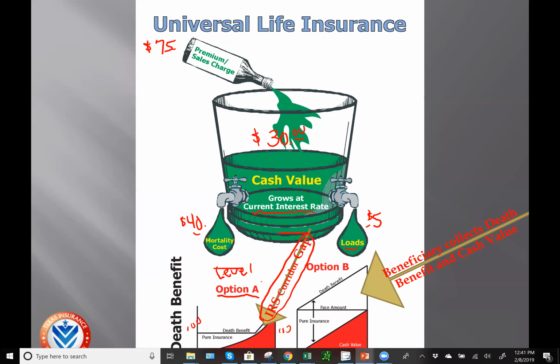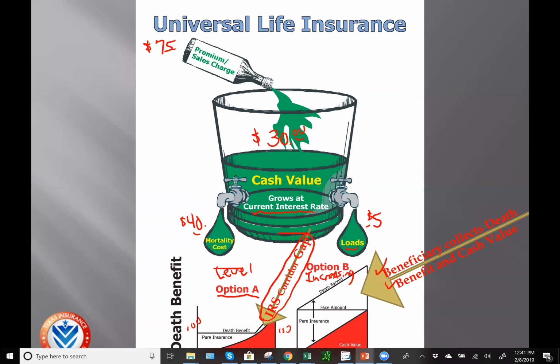The second death benefit option is option B. Now, option B is an increasing death benefit. Under option B, the death benefit has to increase as the cash value is increasing. Because under option B, when the insured dies, the beneficiary will collect both the death benefit and the cash value of the policy.